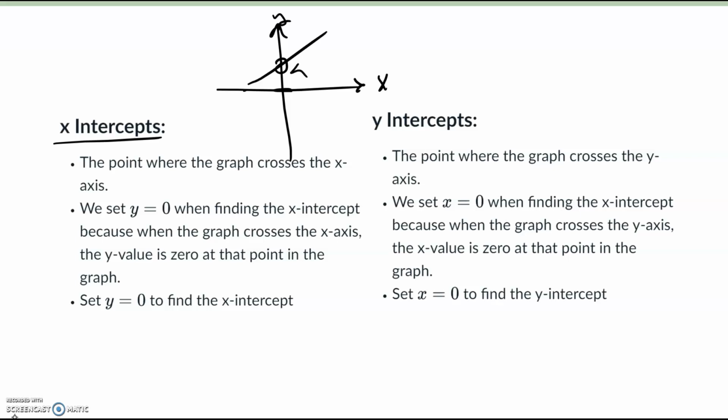Notice what x is going to be: we haven't gone to the left or to the right, so we haven't moved in terms of x values. So x is going to be 0. When you are trying to find the y-intercept, you take your equation, replace x with 0, and then solve for y.